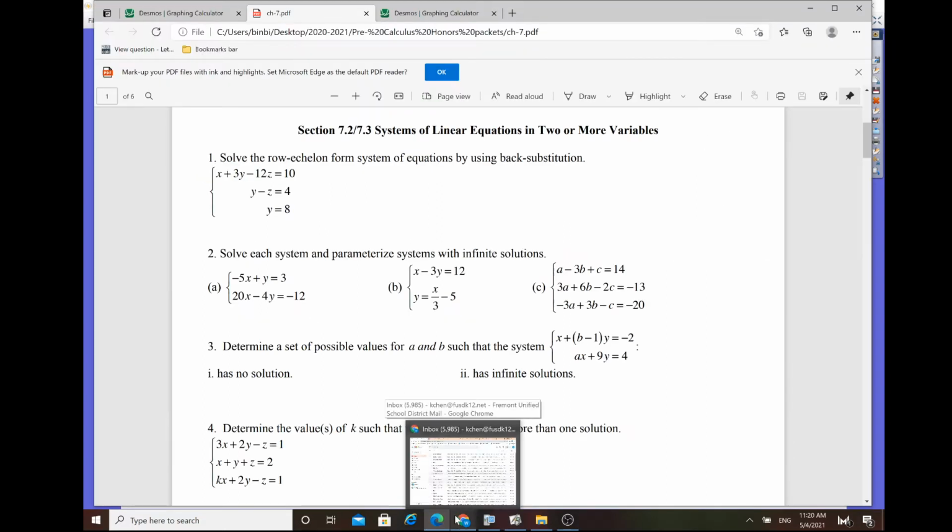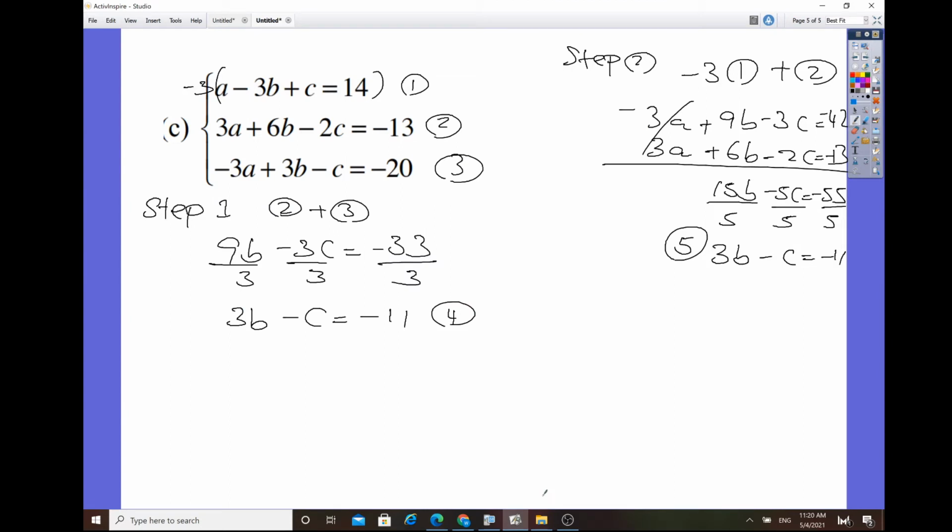Solve each system and parameterize the system with the infinite solution. What we can do is, since we don't know what a is, let's say a equals t. Then in order to solve for the rest, we can say 3b equals negative 11 plus c.